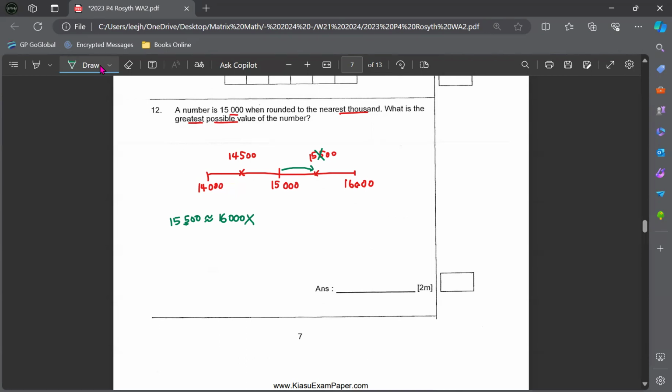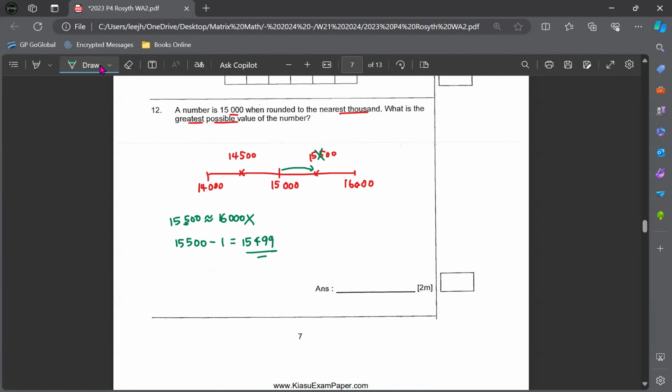So what's the greatest possible? You have to bring it one value down. So 15,500, you minus 1. 15,499. So long as the hundreds place is 4 and below, but it must be the greatest value.